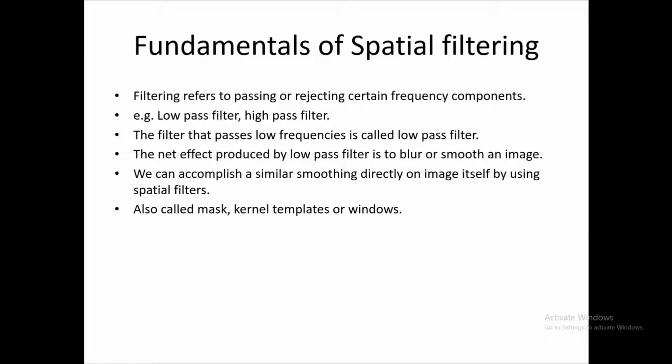While talking about spatial filters, the term filter is borrowed from the frequency domain, where filtering refers to passing or rejecting certain frequency components. There are different types of filters, which are low pass filter and high pass filter.